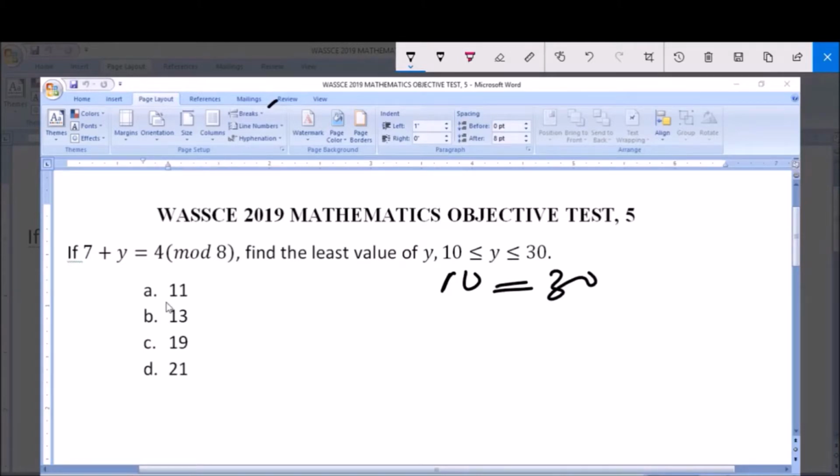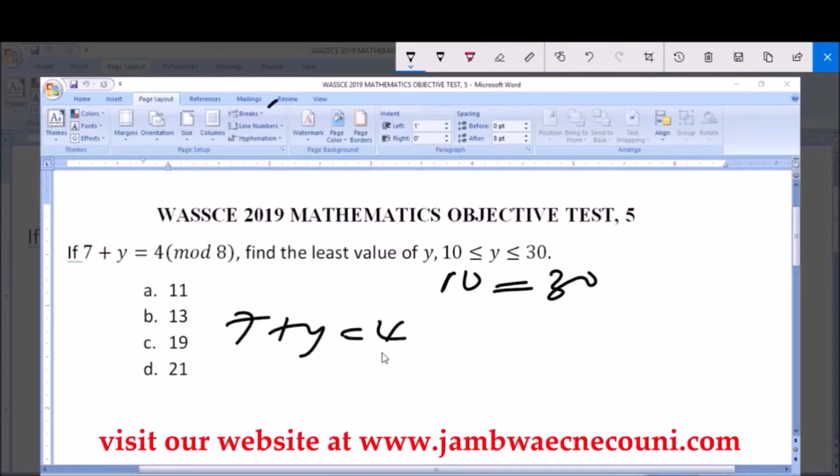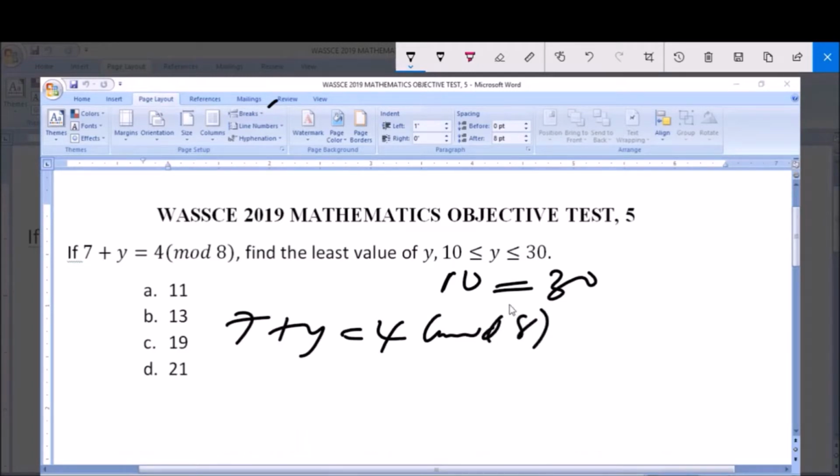This is the equation given: 7 plus y equal to 4 mod 8. Now this is a modular operation, and the value always has the properties of divisor, quotient and remainder. The divisor, the quotient and the remainder.